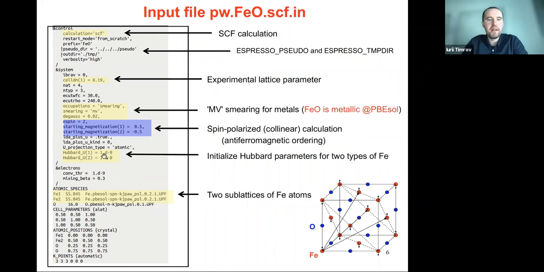So you need to specify them here. But in this specific case of iron oxide, we have two types of iron, but both are iron. So if these atoms are crystallographically equivalent, the Hubbard U should be the same. But if for some reason there is some complex distortion, low symmetry, and these two types of iron become crystallographically inequivalent, then we need to apply most likely a different Hubbard U parameter.